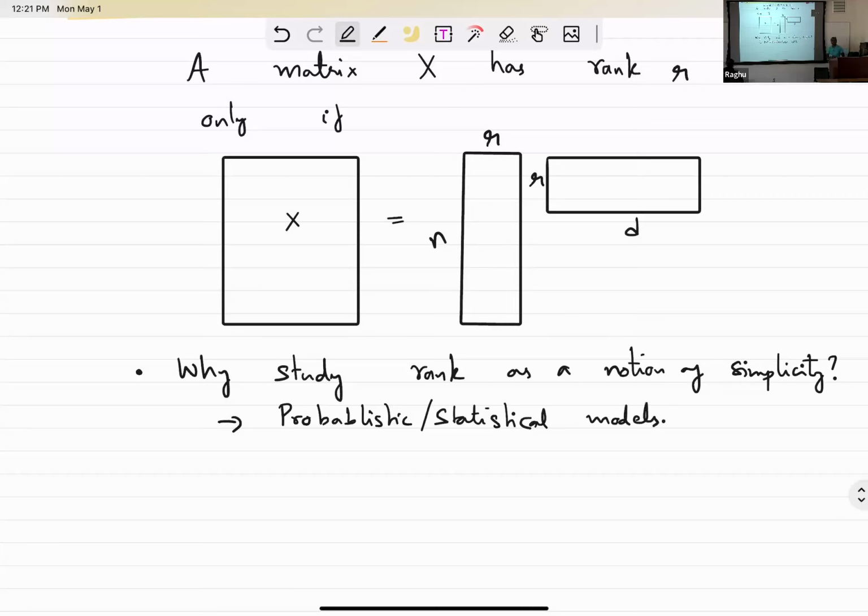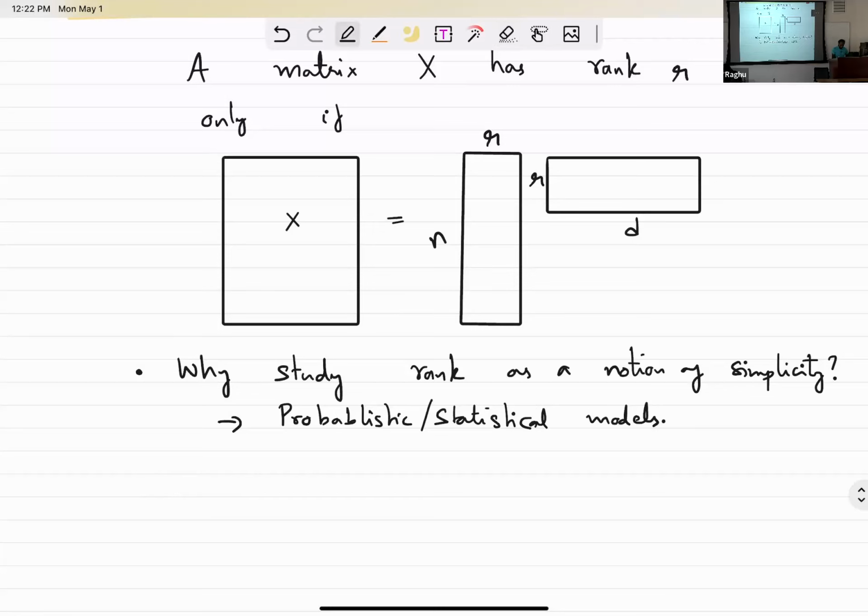There are various nice probabilistic and statistical models which lead to data that you can naturally assume is low rank or at least close to being low rank. You can imagine, maybe it's some kind of factors. If you think of each rank as saying some factor that's important, maybe there are only a few factors, and somehow that determines the rank. Okay, that seems, maybe if you told me, I might accept it. But why is it even a simple notion?